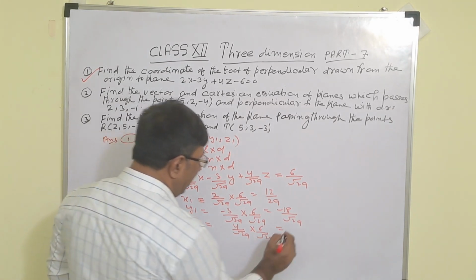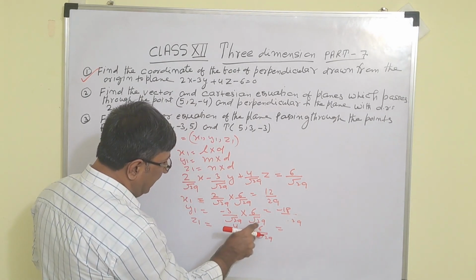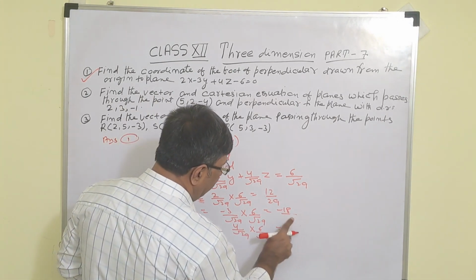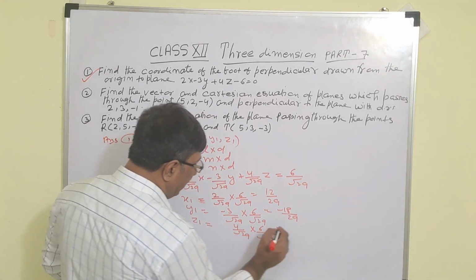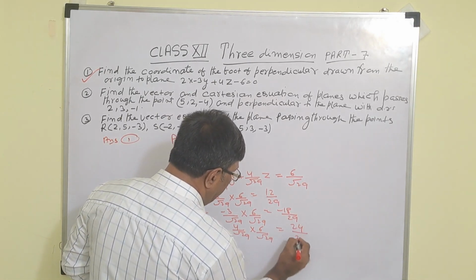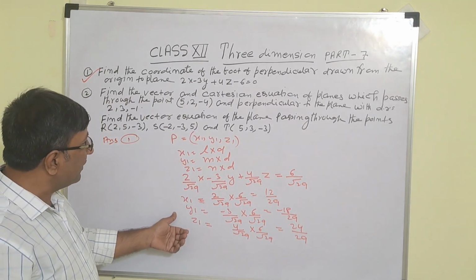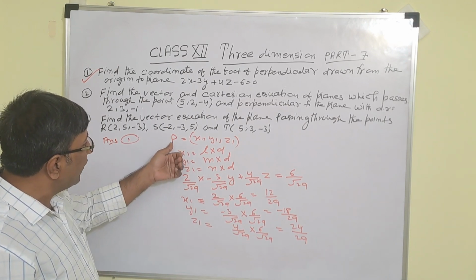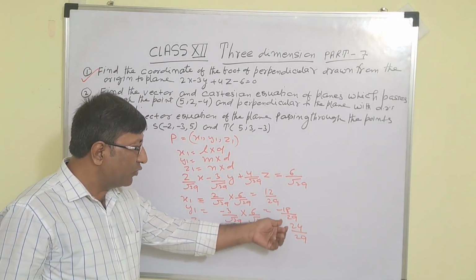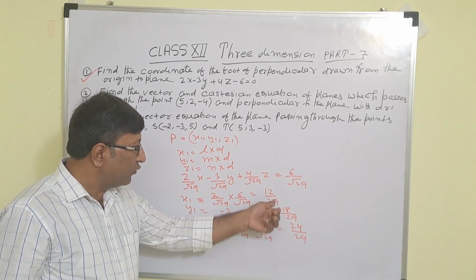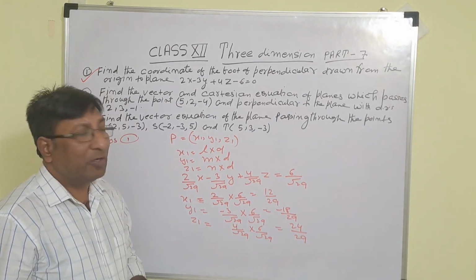Root 29 into root 29 is only 29, and 6 times 4 is 24, so z1 is 24 upon 29. So the required coordinates of the foot of the perpendicular are 12 by 29, minus 18 by 29 and 24 by 29.